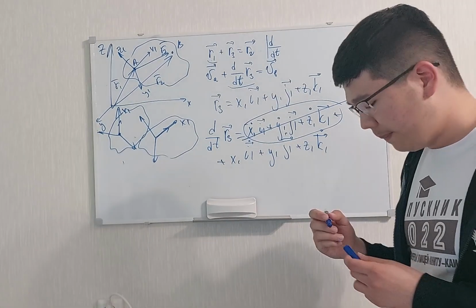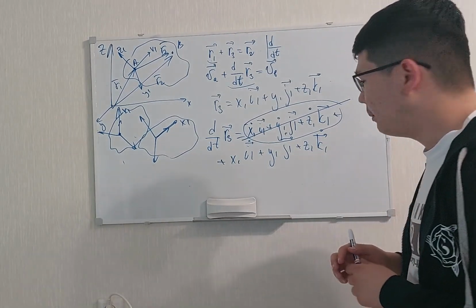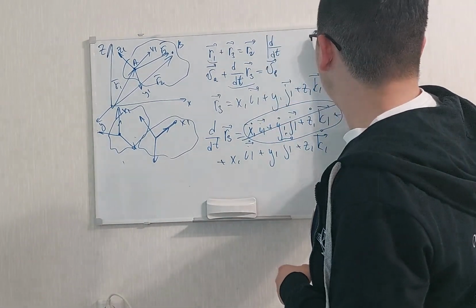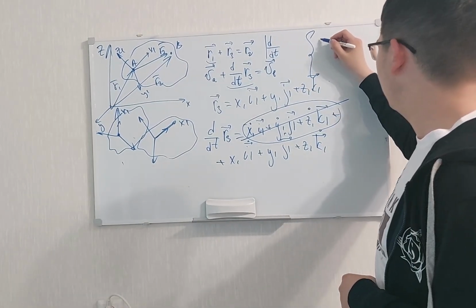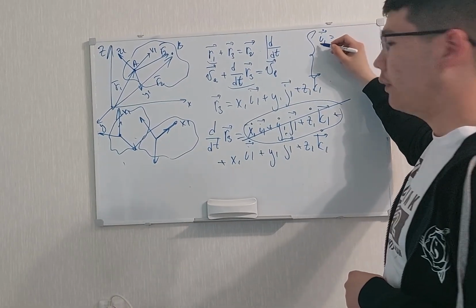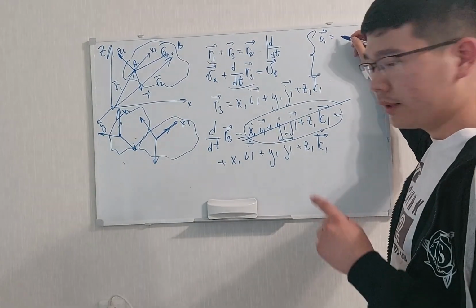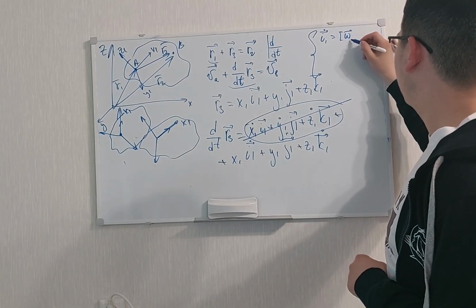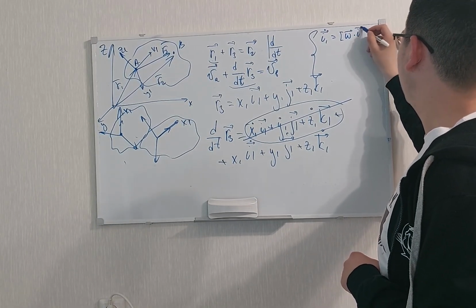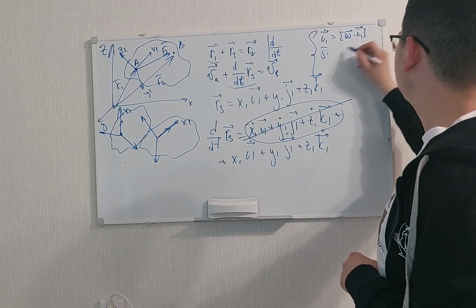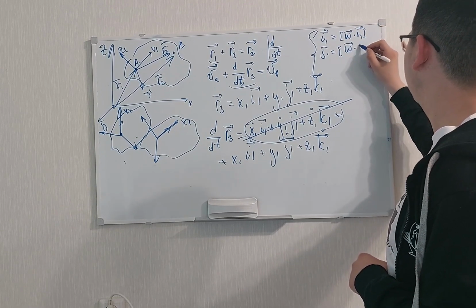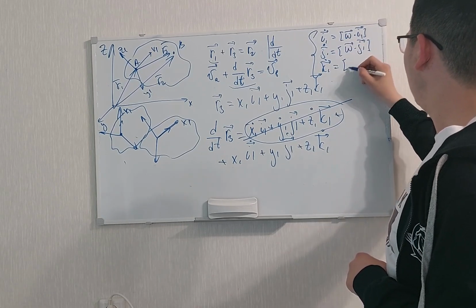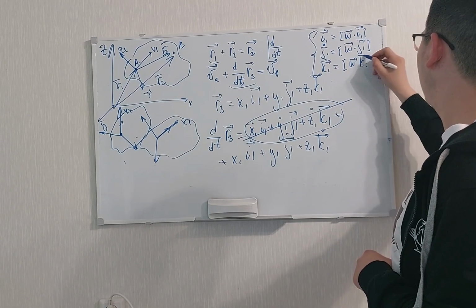What can we do with it? In mathematics there are Poisson's formulas that give us a system of equations from which we have that the derivative of the i1 basis vector is the vector product of the angular velocity omega and i1. The j1 derivative is omega multiplied by j1, and the k1 derivative is the omega vector multiplied by the k1 vector.